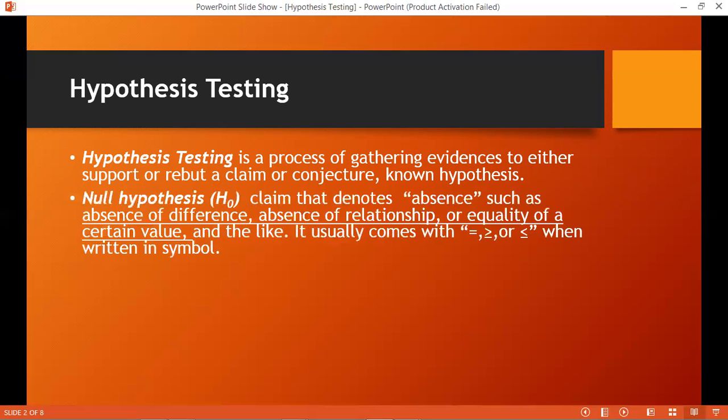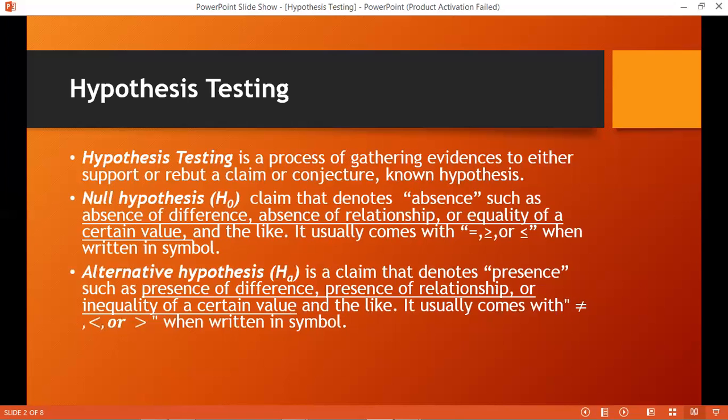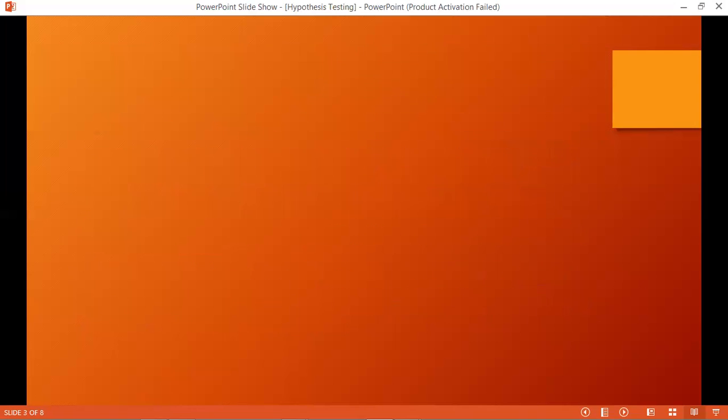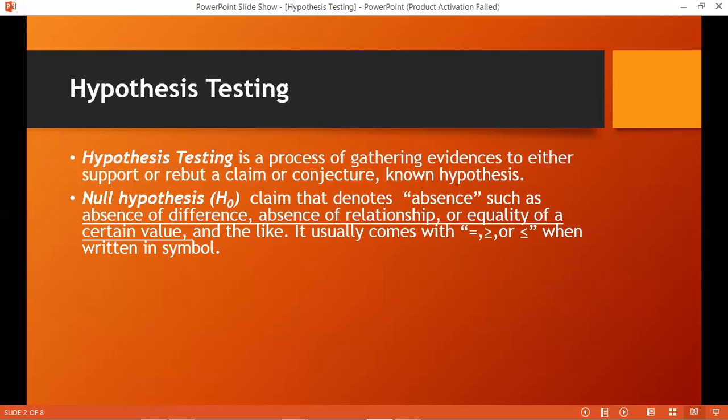Okay. Now, we have two types of hypothesis. We have the null hypothesis at saka yung isa, the alternative hypothesis. Let's talk about first the null hypothesis. Null hypothesis is given by the notation H sub O, and it claims that it denotes absence, such as absence of difference, absence of relationship, or equality of a certain value.